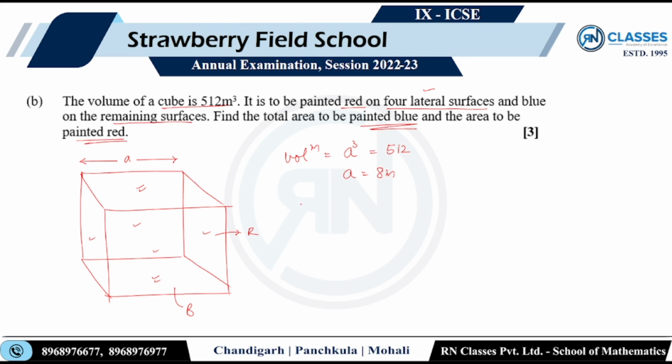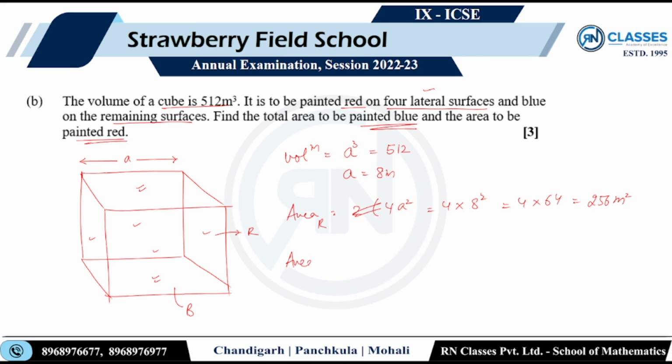Now, lateral faces के लिए area to be painted red. क्या होगा lateral faces के लिए? नहीं, 4 times. Lateral था 4a square, 4 faces, so 4 into 8 square, which is 4 into 64, which is equal to 256 meter square.